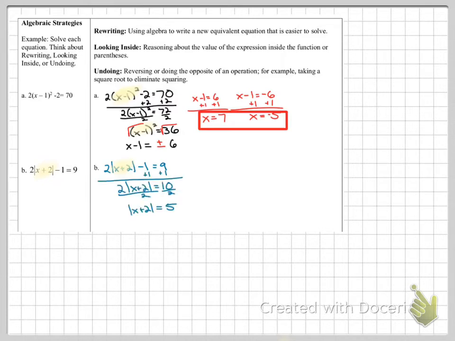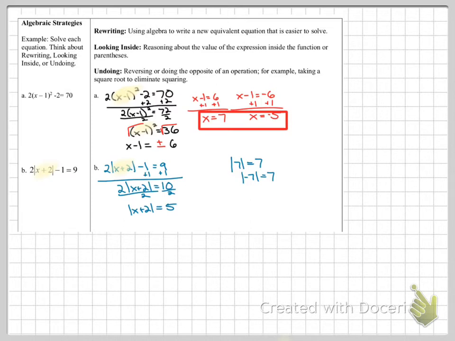Okay, so as long as you followed that rule, never distribute into an absolute value bar, you would have added the 1 and then divided by 2 to get the absolute value alone. Then remember, absolute value is distance. Absolute value of 7 is 7, and absolute value of negative 7 is 7. Notice both options could equal 7.